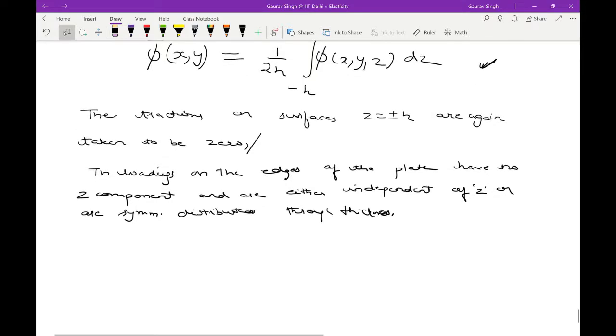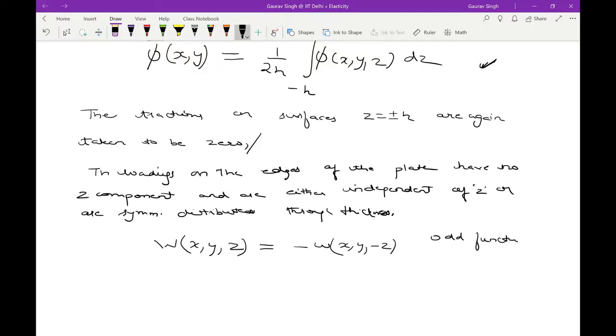So in these assumptions, the out of plane displacement, remember u and v are the in plane displacements, the out of plane displacement will be minus w(x, y, minus z), the so-called odd function. You must have heard of an odd function and an even function. So the middle points will clearly have no displacement.